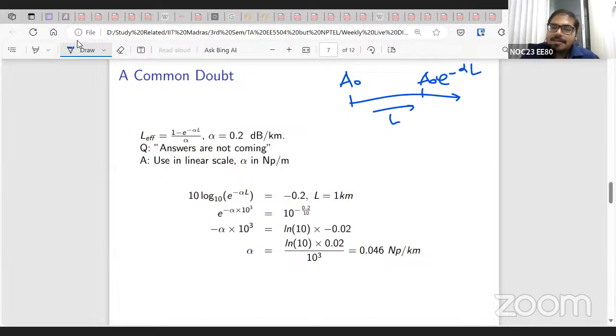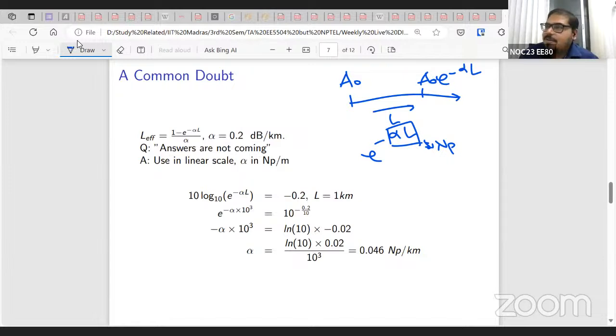And here, if you see the units, e raised to the power minus alpha L has to be some unitless quantity. It's basically what we call a neper: e raised to the power of some number.